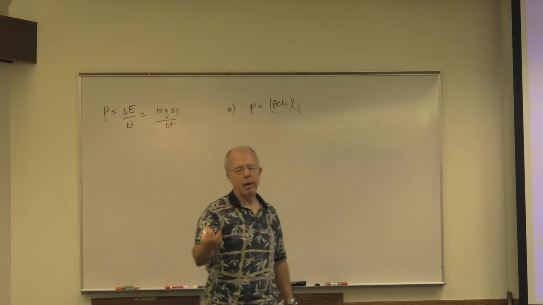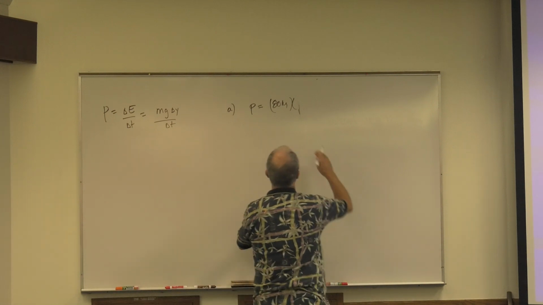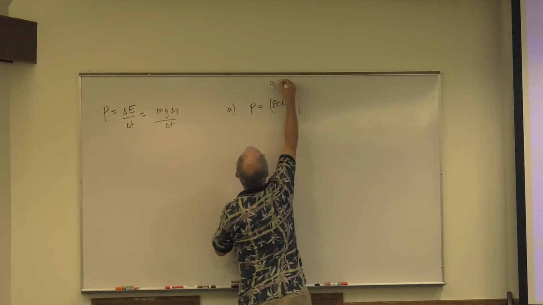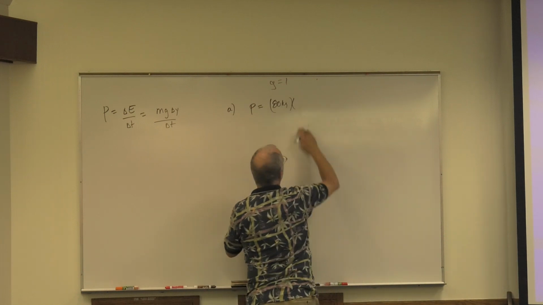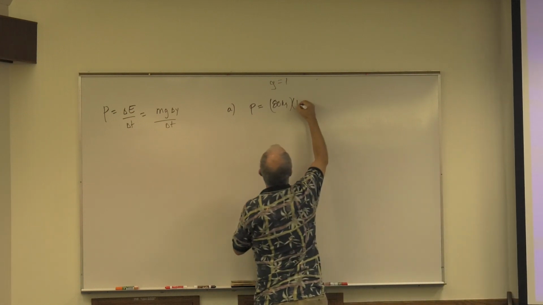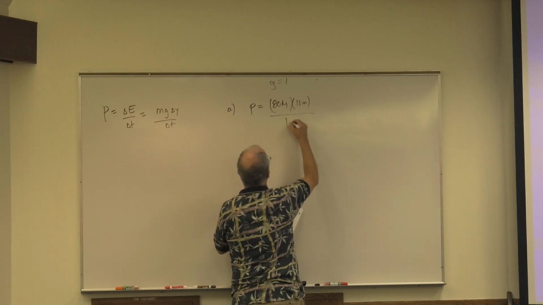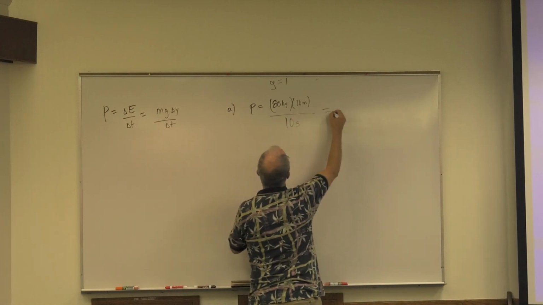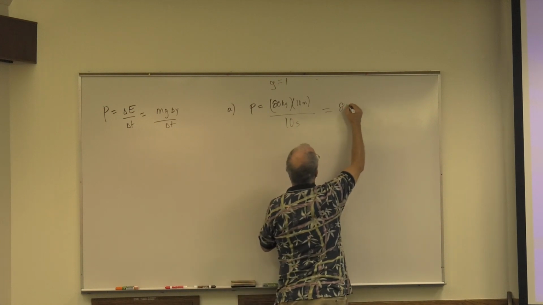Since we're going to be comparing them, let's just say G is 1, so forget about G. We can do that because we're just comparing. Delta Y is 10 meters and the time is 10 seconds. So you can see the 10 over 10 goes away, so we're going to get 80 watts.